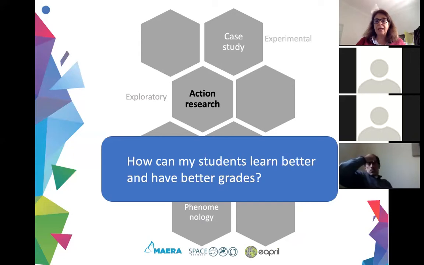This means that I can analyze the situation, see how my students are, think about possible ways to act in order to improve the grades of my students, to intervene in this situation, to reflect about the results, and then to prepare a second cycle where I would incorporate the lessons learned in that cycle.